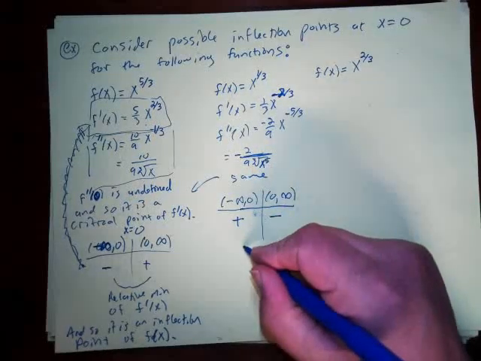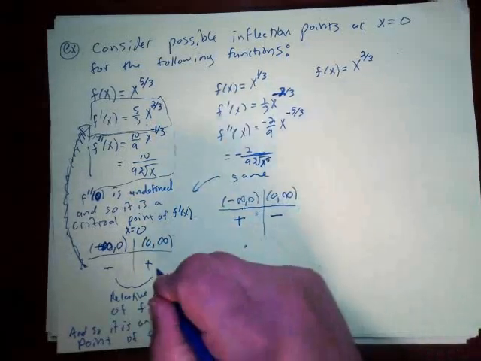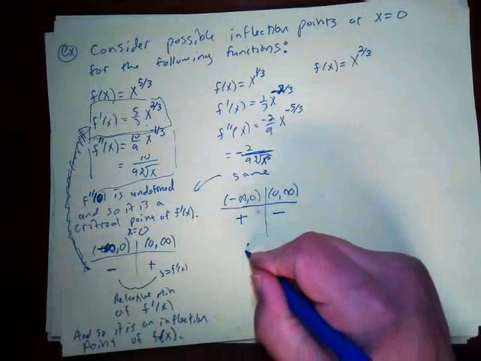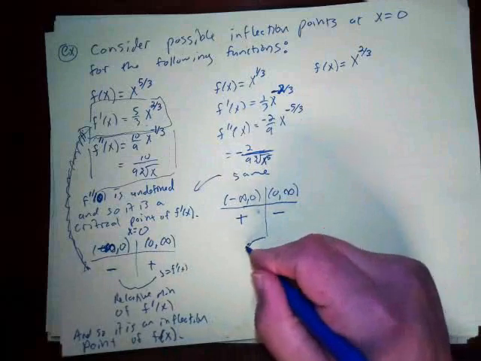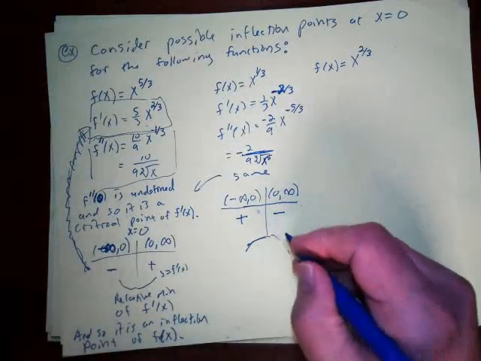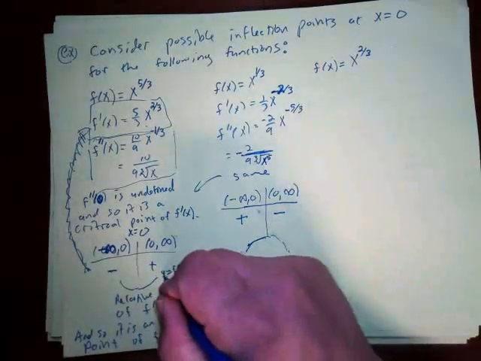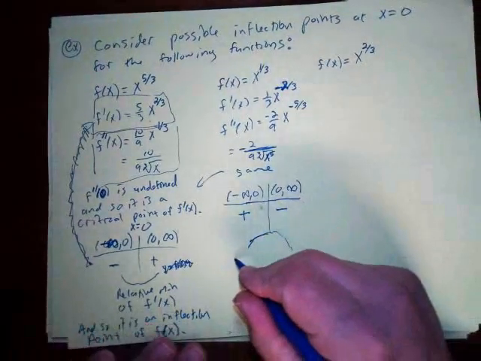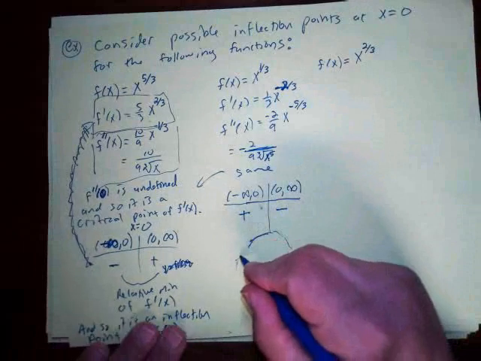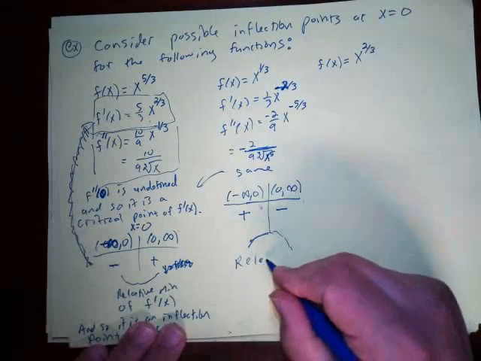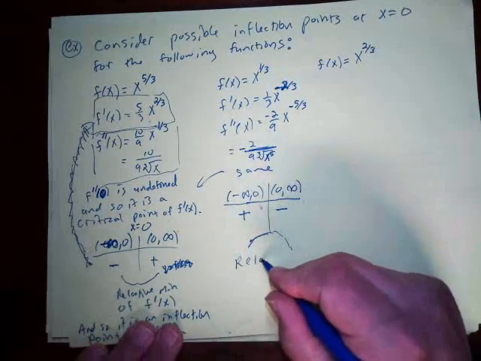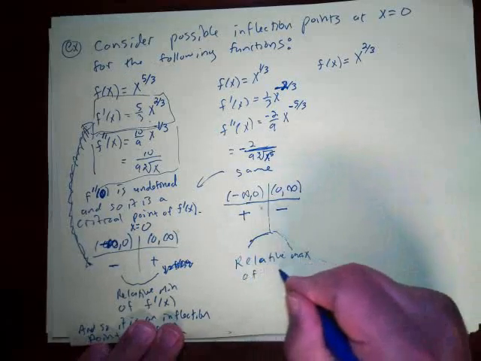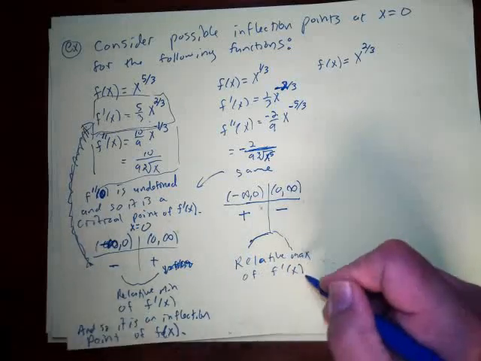So this is like the first derivative, like f prime of x. And so the first derivative is increasing here, and then it's decreasing after 0. Forget that, that makes it confusing. And so 0 is a relative max of the first derivative.